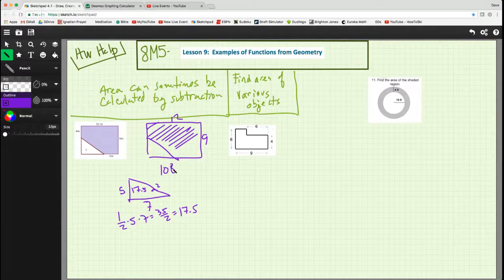If the original piece was 9 by 12, which is 108, and they took out 17.5, then the rest of the area is 108 minus 17.5, which is equal to 90.5. So 90.5 is what's left over.